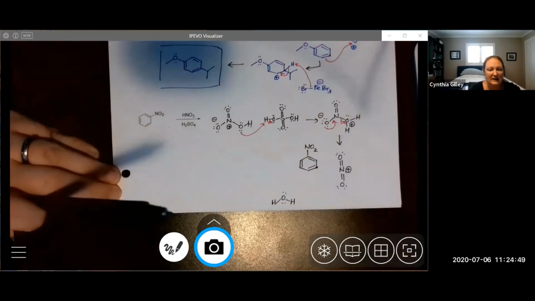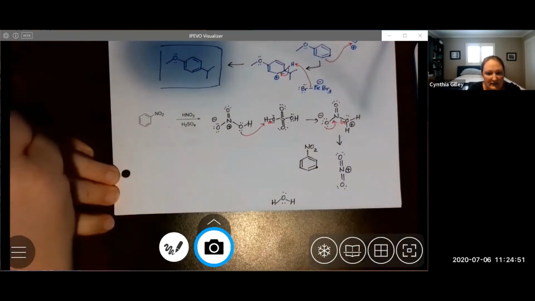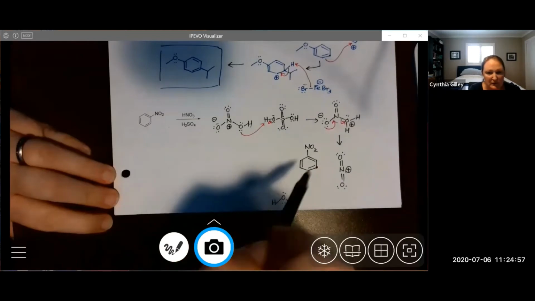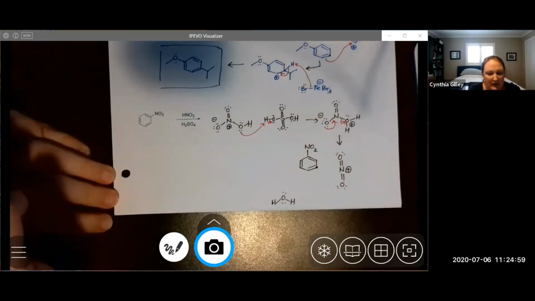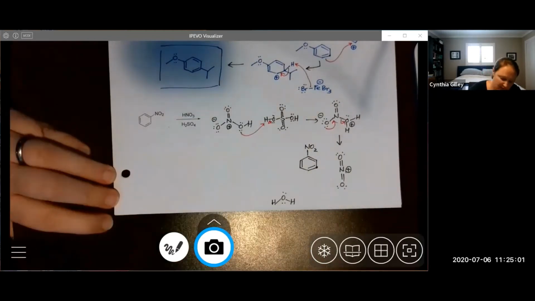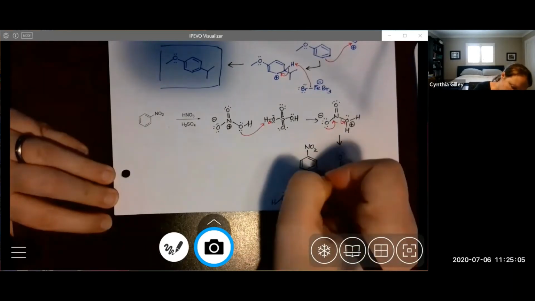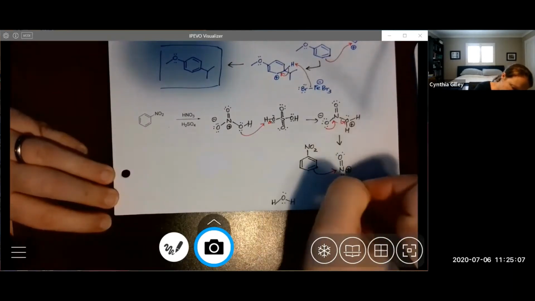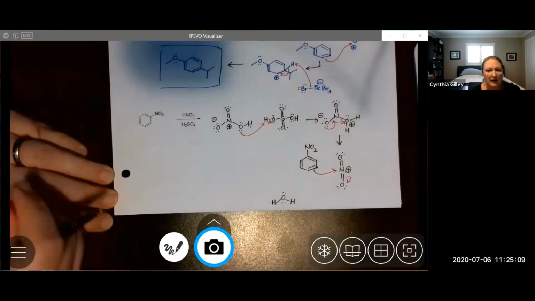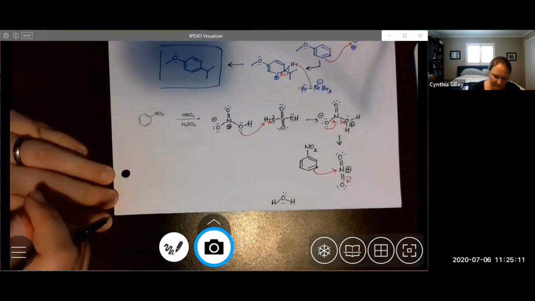And really, it's not activated, it's just the least deactivated, if that makes sense. So it's sort of the best of the worst in terms of all the positions on the ring. So it will do the attack. We want to use the pi bond associated with that meta position.